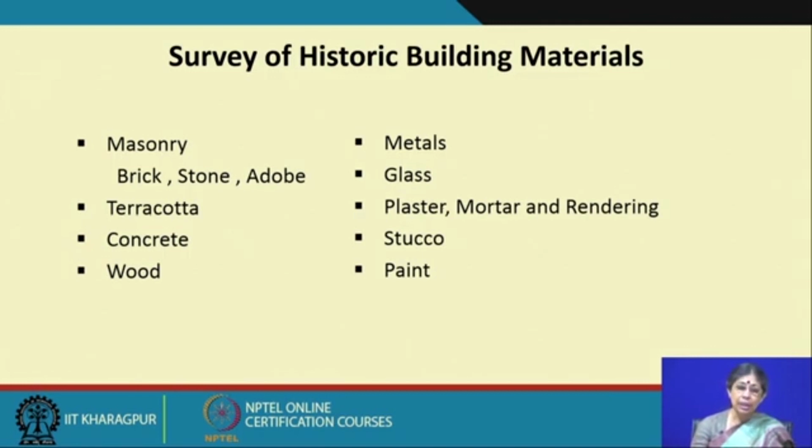Then there are the metals, how the metals corrode and the different types of corrosion effect, glass, plaster, mortar, rendering, stucco and paints. So, we will talk about this material-wise, and how the different factors have an impact on decay.